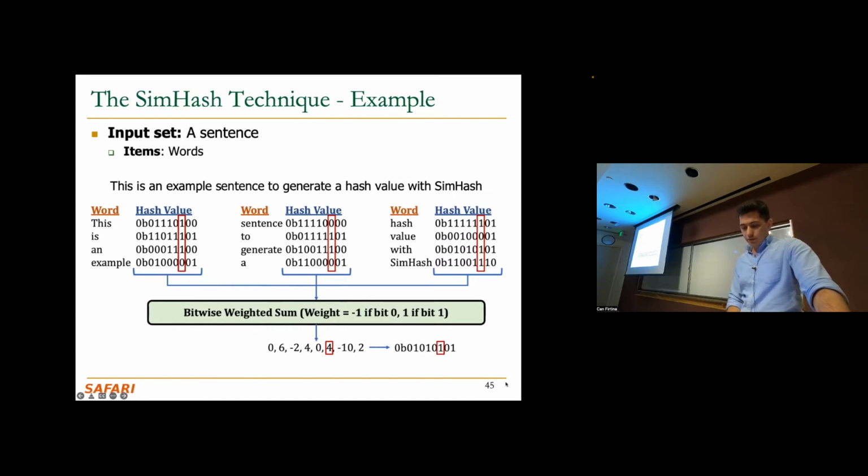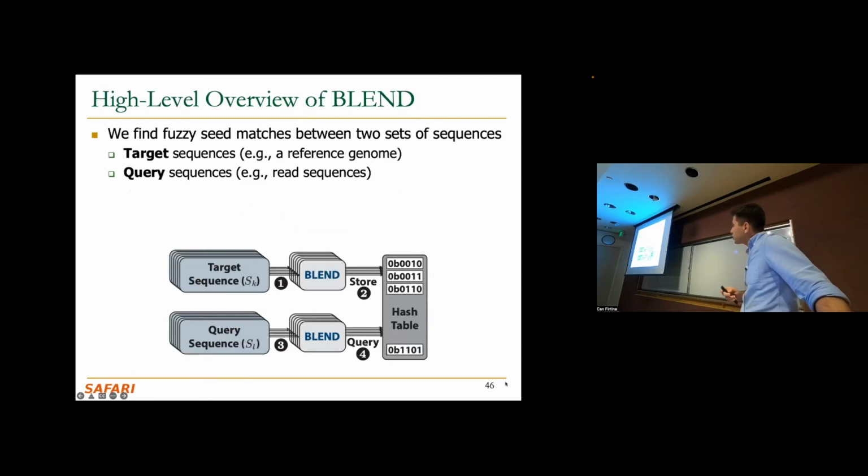All right. So yeah, I mentioned these. Based on that, we use the SimHash technique in BLEND, and what we do is that we find the similarities between the target sequences and the query sequences. The target sequences are usually the reference genome or the chromosomes of the reference genome, and the query sequences would be your read sequences that you generate from the sequencing technologies.